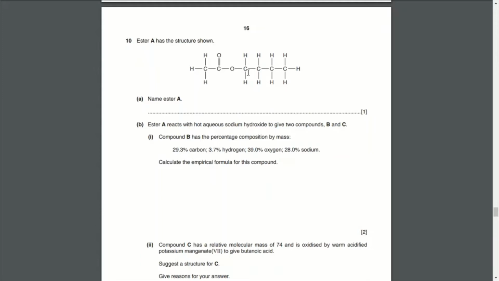Over here, methyl is the alcohol part, and ethanol is ethanoic acid. So this is the raw material of the product, you can say. Now here, name the ester A.